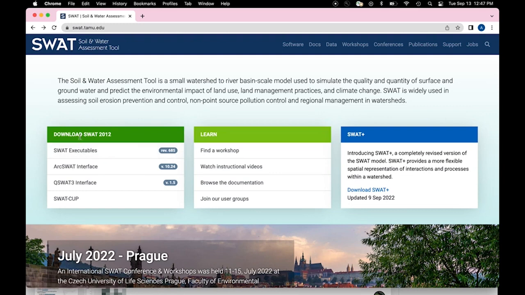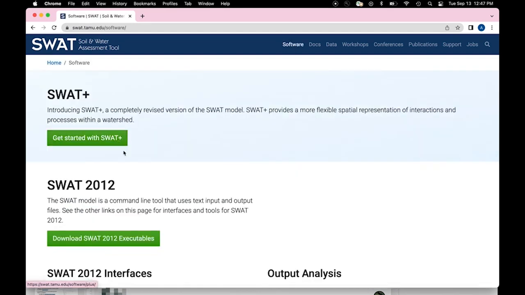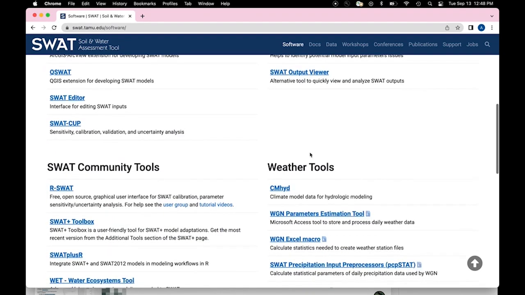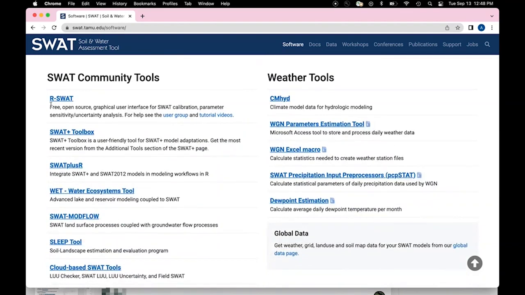You can download the SWAT model executable, and there are interfaces with ArcGIS and QGIS, and SWAT-CUP is the sensitivity analysis and calibration tool for SWAT that is required if you want to use it for your own region. If you look at software, here is where you will download it. Also, you can do output analysis by using SWAT Check and SWAT Output Viewer. There are community tools, which are R-SWAT, and there is the SWAT toolbox with a lot of information.